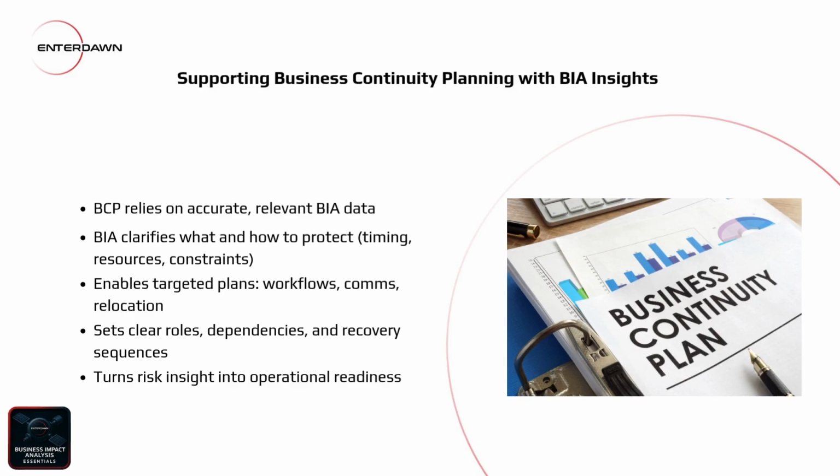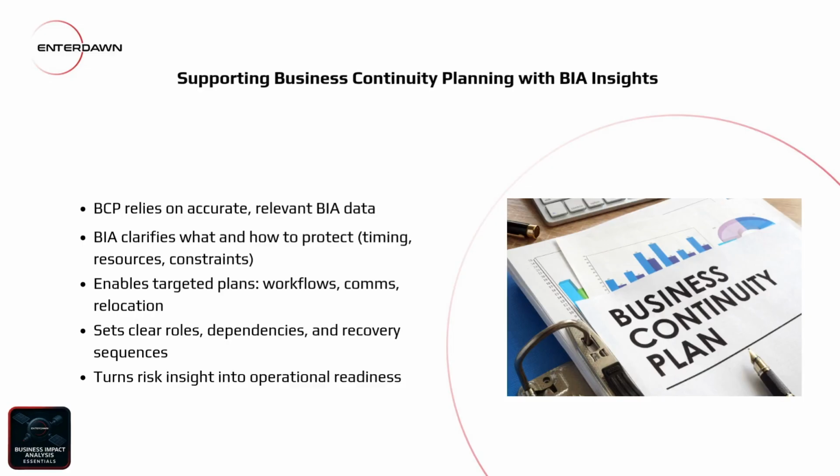BIA insights clarify not just what should be protected, but how to protect it. They reveal timing tolerances, resource needs, and operational constraints that business continuity strategies must account for. This allows planners to develop targeted procedures like alternative workflows, backup communication paths, or relocation strategies that reflect real business conditions.